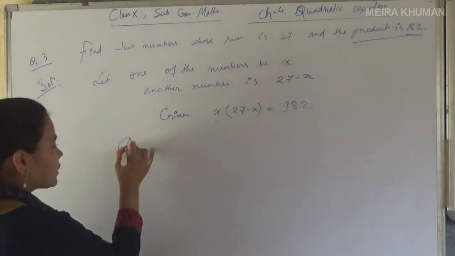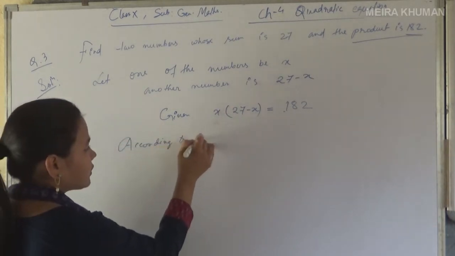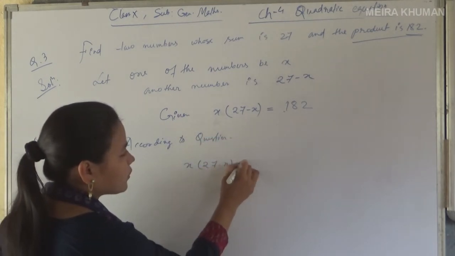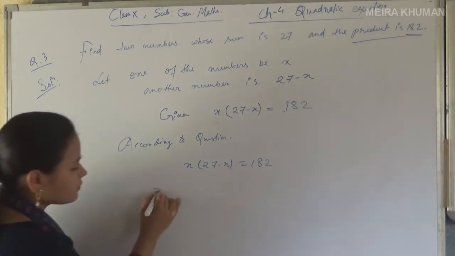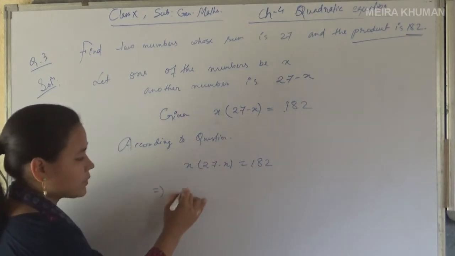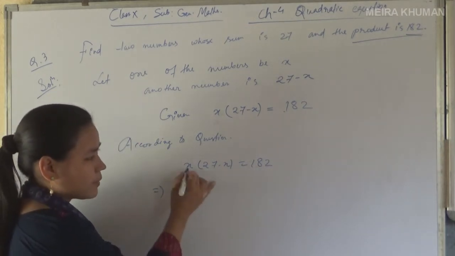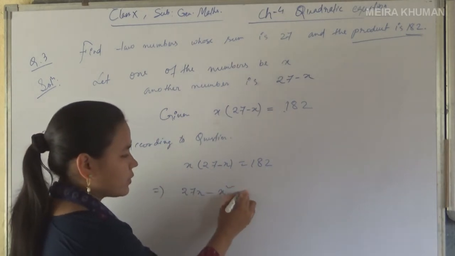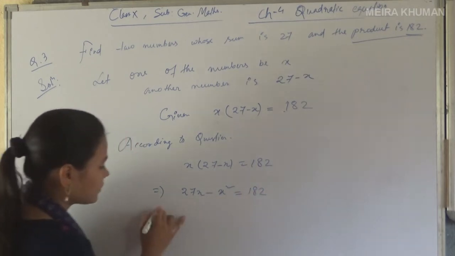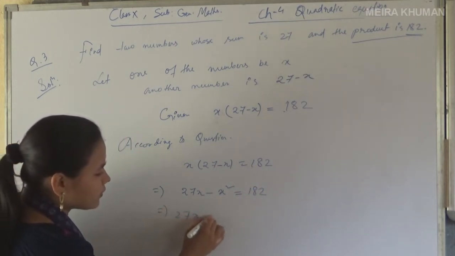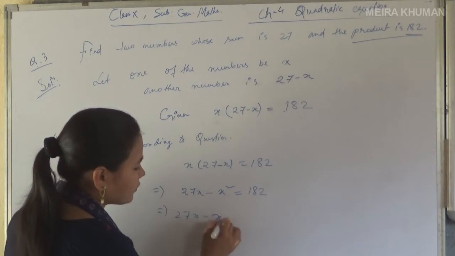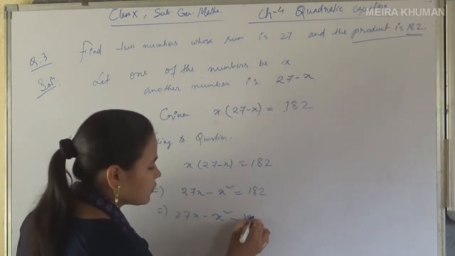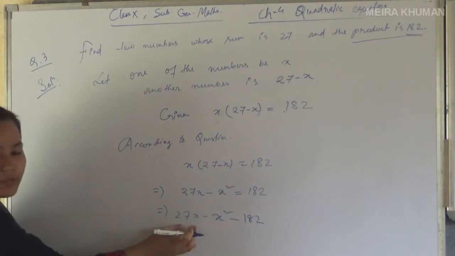Here, according to the question, x into 27 minus x equals 182. x into 27 is 27x, and minus x into x is x square, equals 182. If you transpose, 182 gets a minus sign. But this is not in general form.